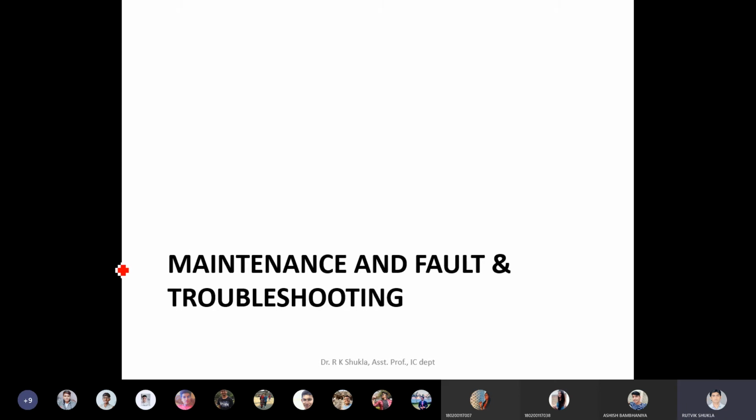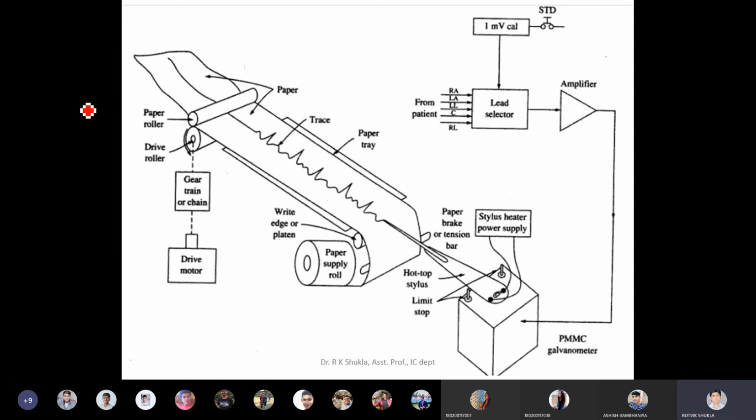Okay, so after looking at the probabilities of the machines, let's come back to the last part of this, and that is the maintenance and fault and troubleshooting of ECG. Fault troubleshooting માટે આ એક વસ્તુ, I don't remember whether I have taken this in your class or not. કોઈ કહી શકશે આના વિશે આપણે વાત કરી છે?